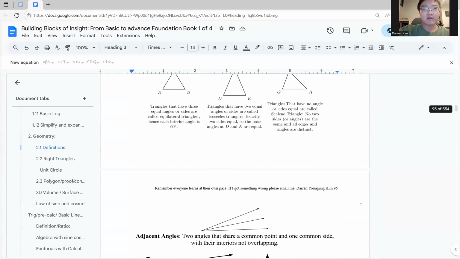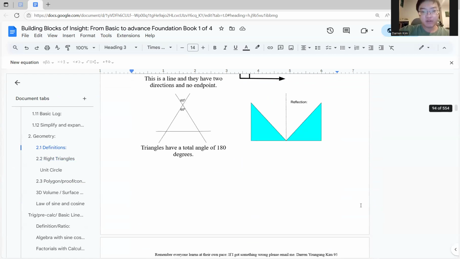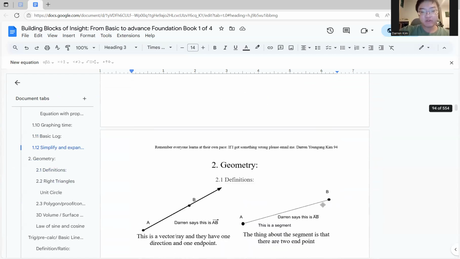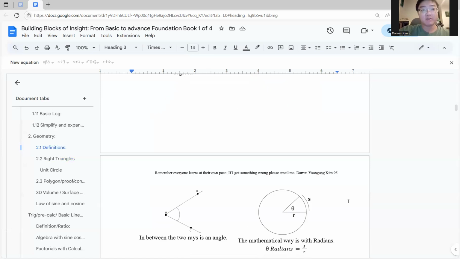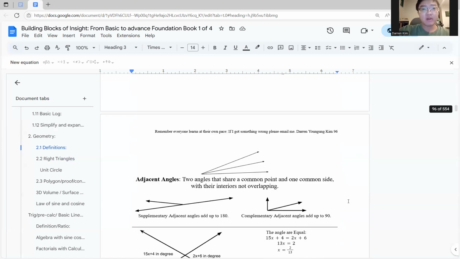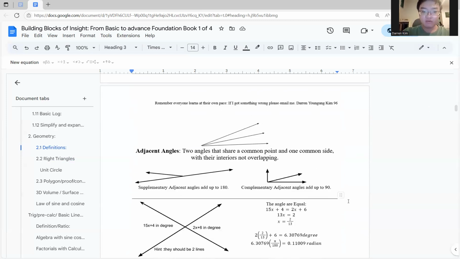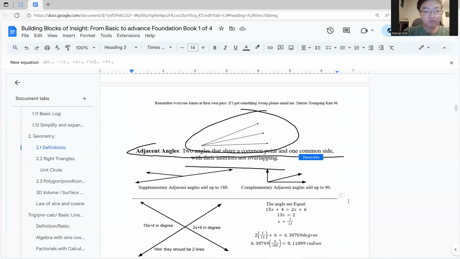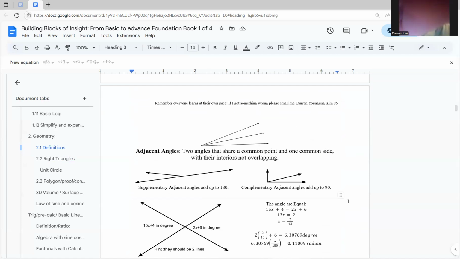The first thing I forgot to add was when you come over here, I deleted the first thing in the definitions, which was complementary angles and whatever that was. Why did I put that there? I have no idea. Instead, I put it here. First thing I write about is adjacent angles, and we have this diagram here to explain what it looks like to have an adjacent angle. It's kind of an obvious thing, but I forgot to add it.